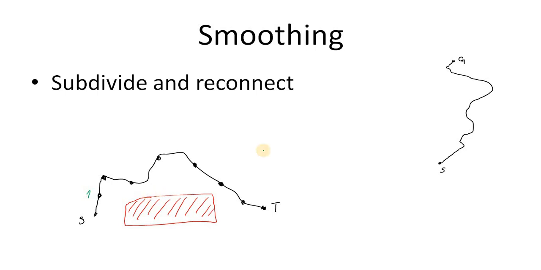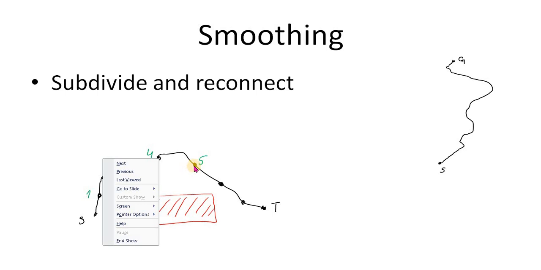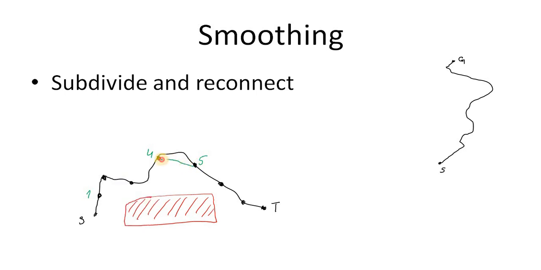Now take any 2 more random points here. Now let's say points 2, 3, 4. Now take point number 4 and 5 and try to connect them. There was no obstacle here, so we have connected these 2 points. Now this path is shorter than the original one.